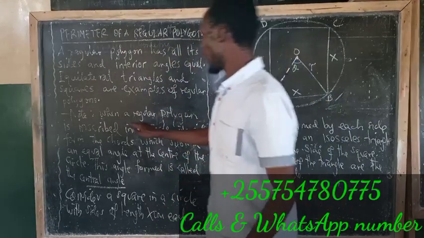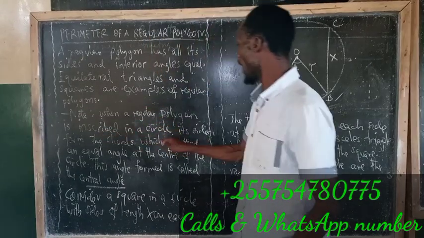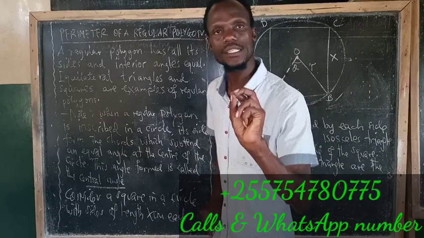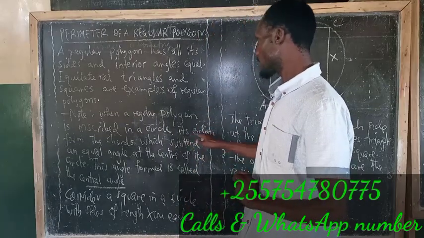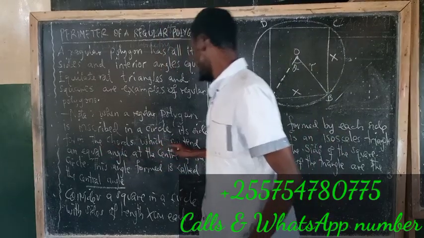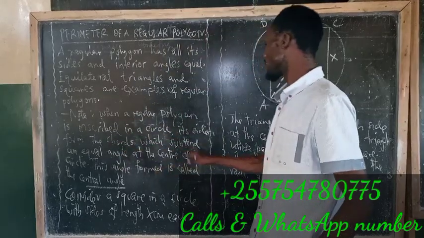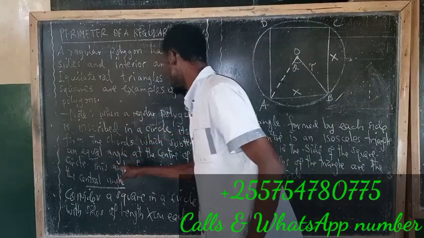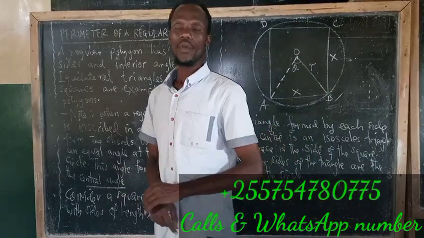Note, when a regular polygon is inscribed in a circle, it means it is drawn in a circle. Its sides form chords which subtend an equal angle at the center of the circle. This angle formed is called the central angle.